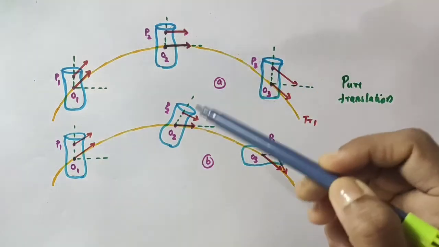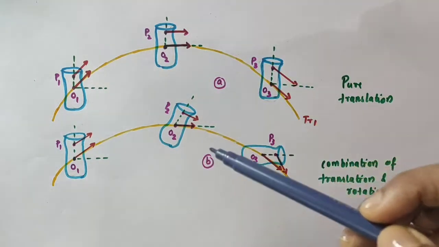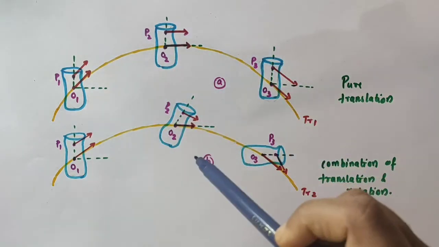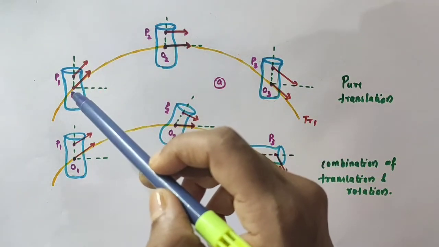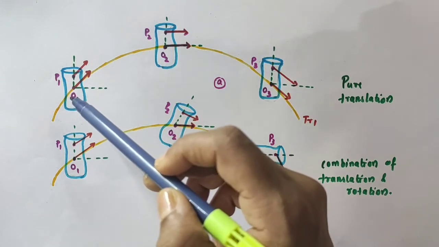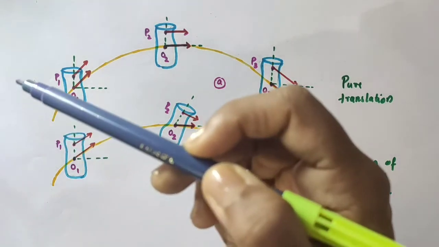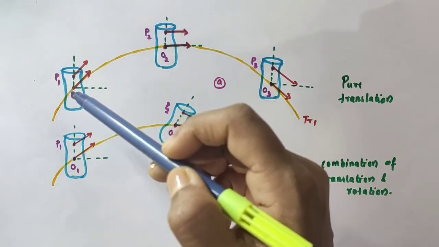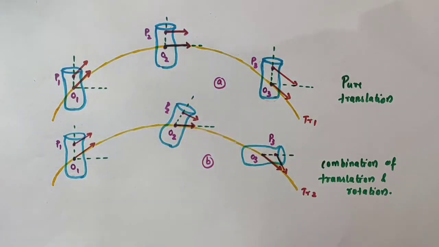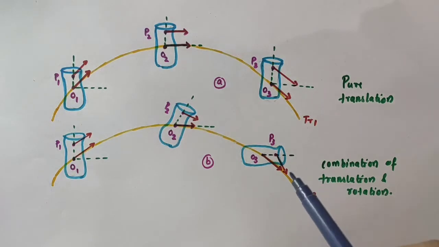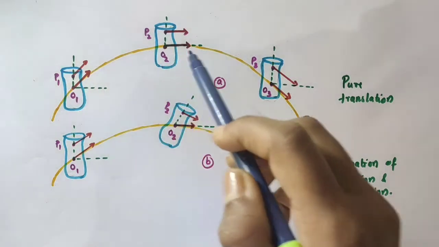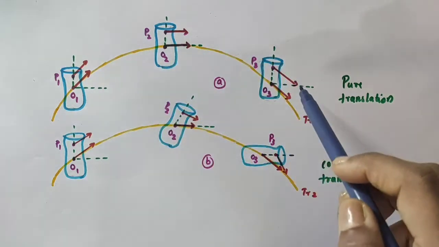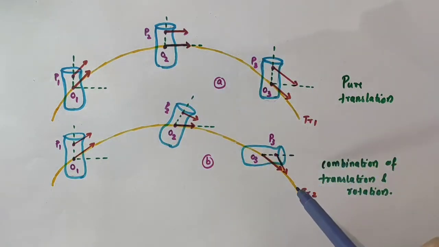See, these two figures A and B illustrate the different motions of the same body, the same cylinder. Here, O is the center of mass of the body, which we will discuss in the next video, and P is an arbitrary point on the cylinder or rigid body. The trajectories of O are the translational trajectories, trajectory 1 and trajectory 2.